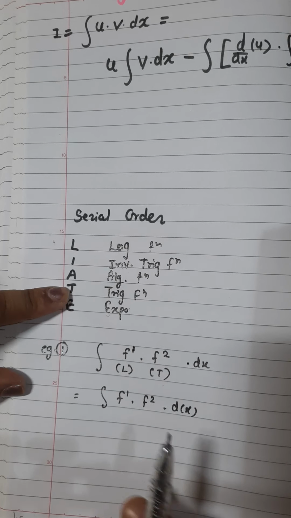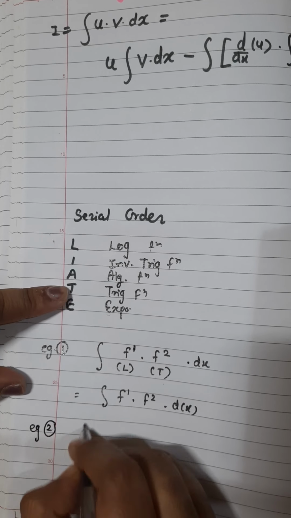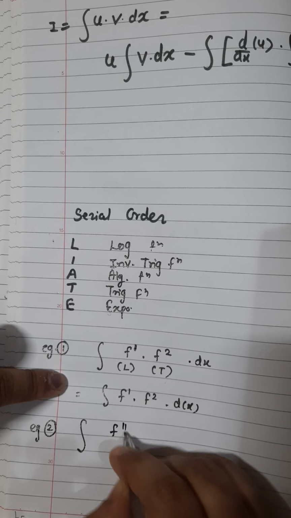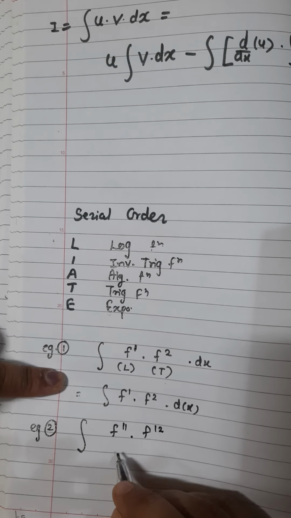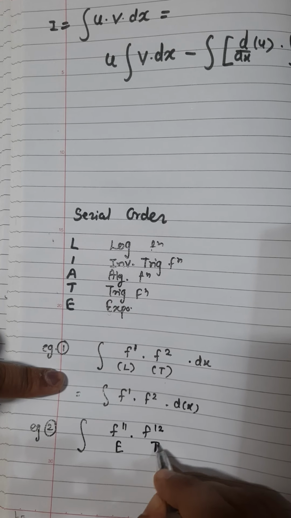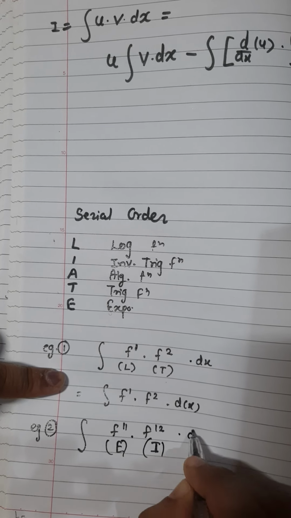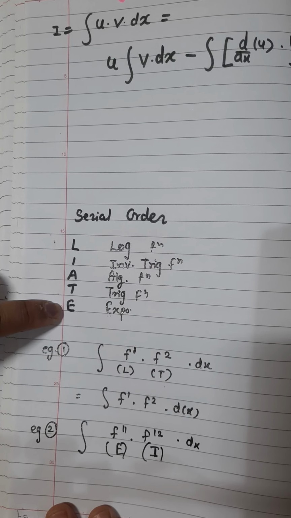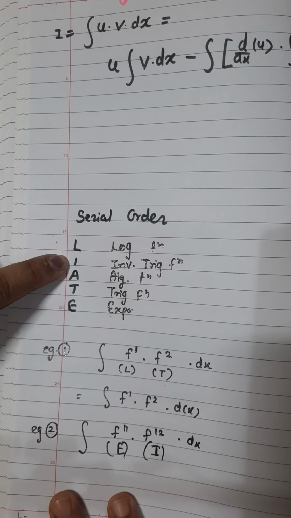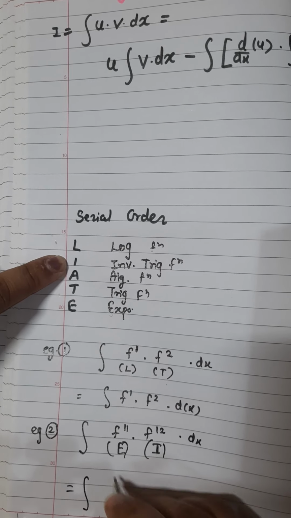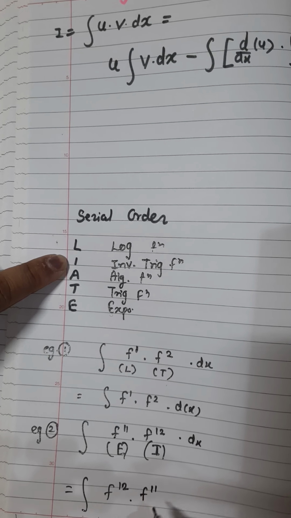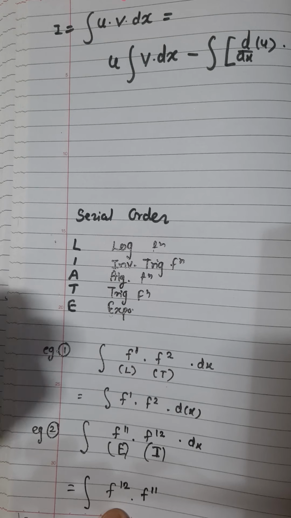Then say example 2, integration of, say, we have some function f11 and function f12, in which say this is exponential and this is inverse trigonometric function. Now here as you can see in this order, inverse comes before exponential, so we have to rearrange this: function f12 we will take first, that means we have to choose which is our u and which is v.